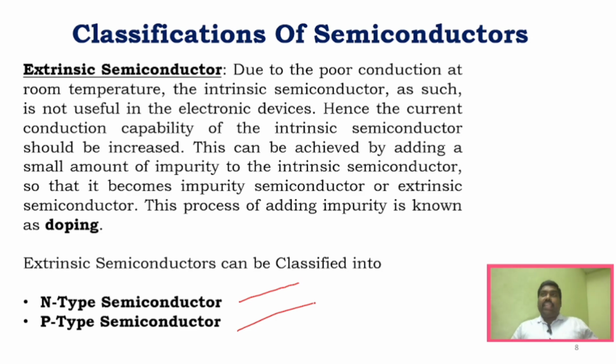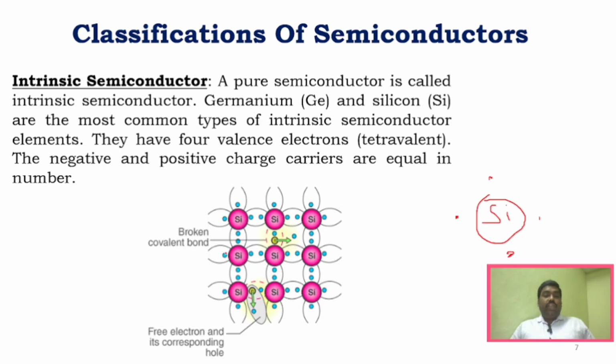And as I said, right now you have to understand what intrinsic and extrinsic semiconductors are. Intrinsic semiconductor is the purest form of semiconductor, whereas extrinsic semiconductor is obtained by adding impurities to the intrinsic semiconductor. If you take a silicon atom, you can see it has 4 valence electrons, and there will be a covalent bond between these electrons, right?